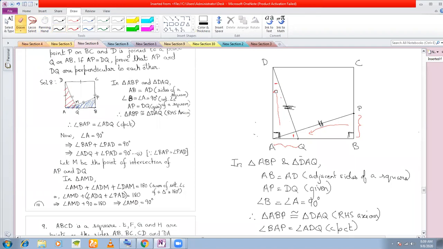Now we'll proceed to the main part of the proof. Once we have identified the triangles, proved congruency, and shown the relevant angle to be equal, why did we choose this angle? That is the question here.